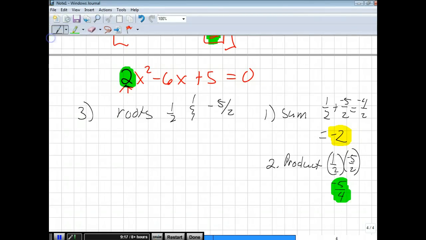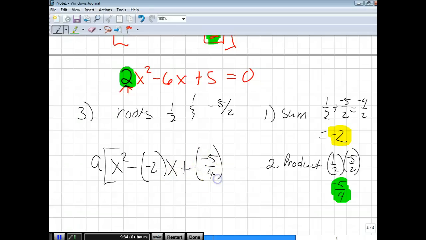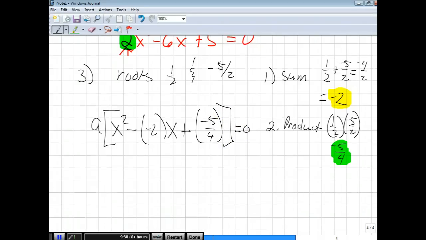Now I go to my general form, a times x squared minus the sum of the roots, which is negative 2 times x, plus the product of the roots equals 0. Okay?